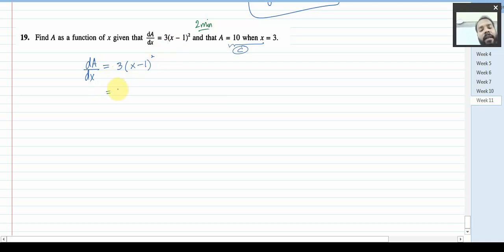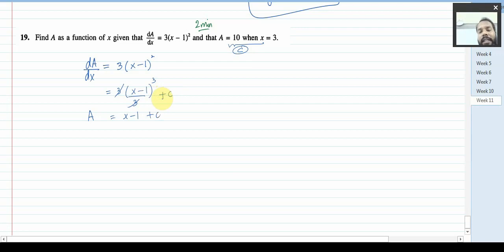So it will be 3 times (x minus 1) power cube, and whole power cube. 3 and 3 cancel, so that equals x minus 1 plus c. So that is my function integrated. We have the values of a and x to find the value of c.